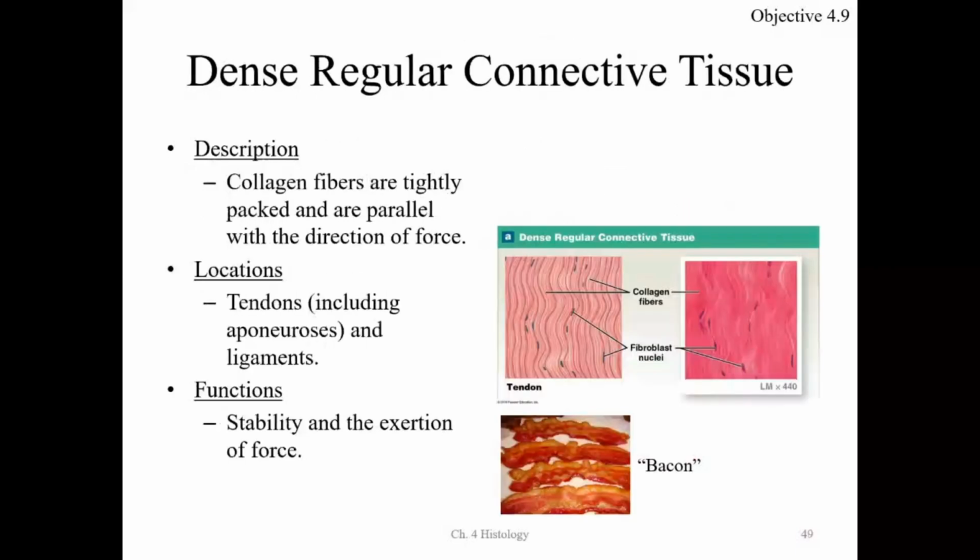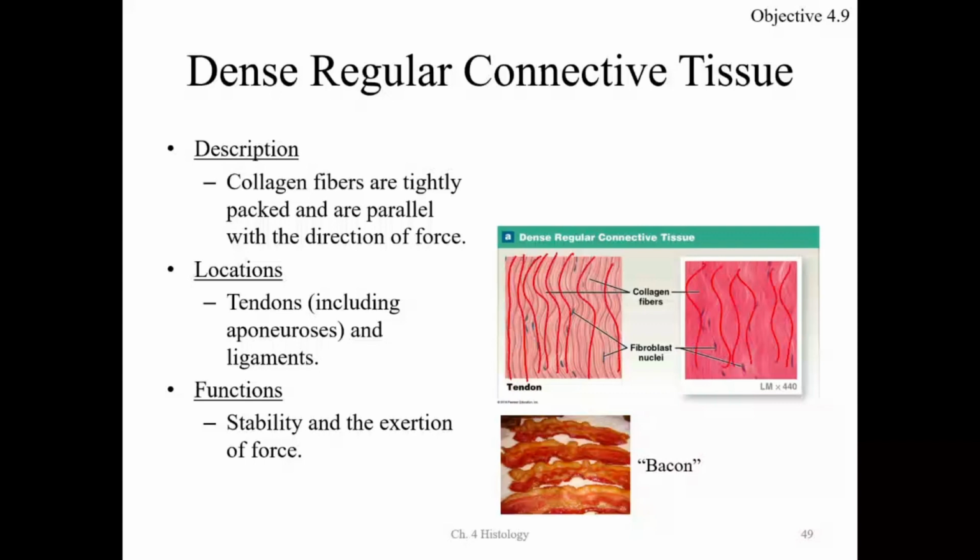Now, the first one I think looks like bacon. Collagen, all these collagen fibers are going the same direction. They're all going that way, they're all in the same direction.